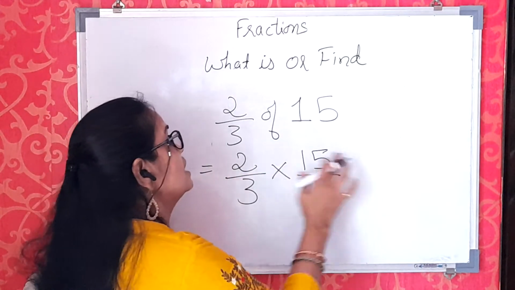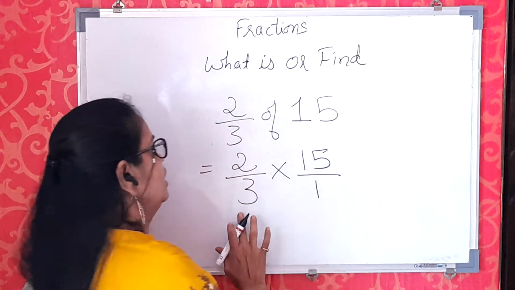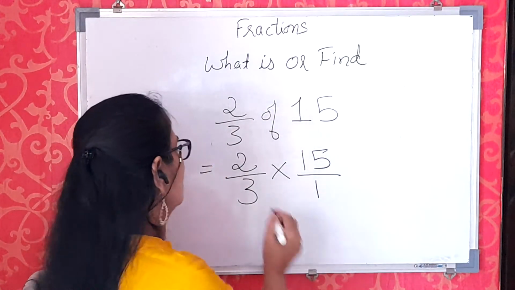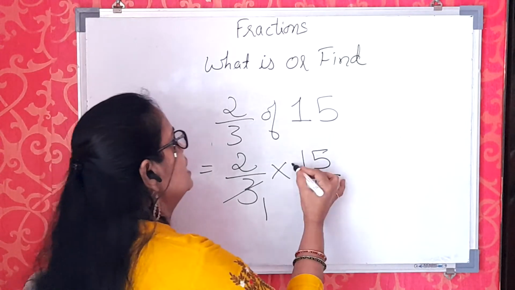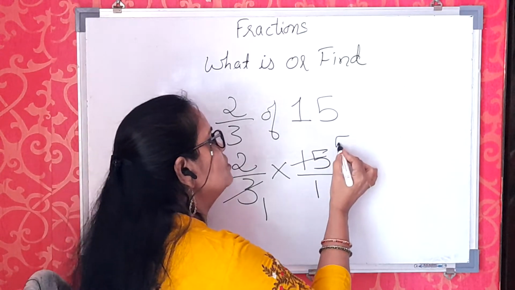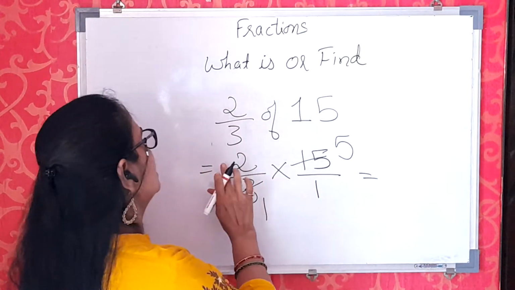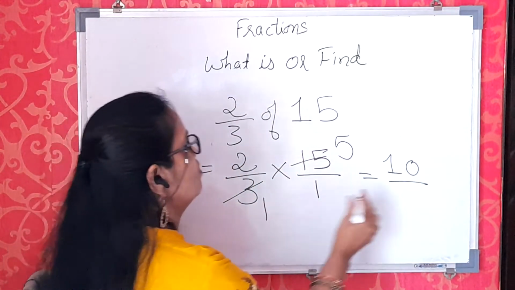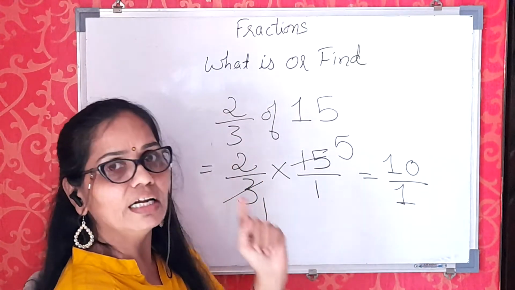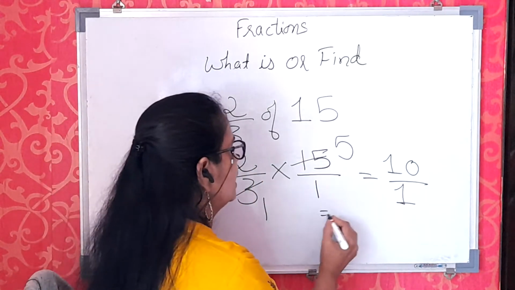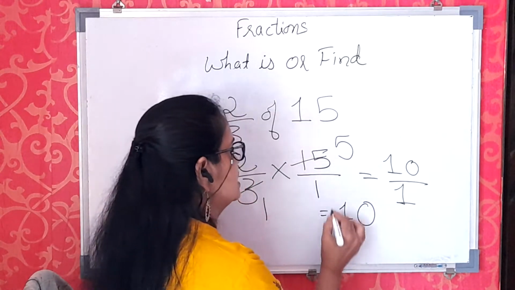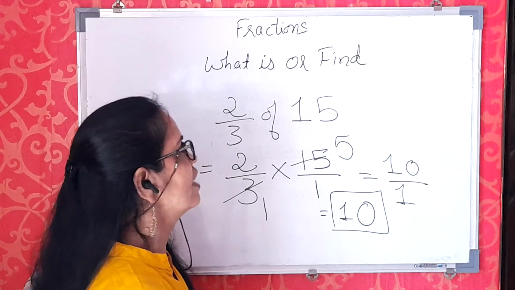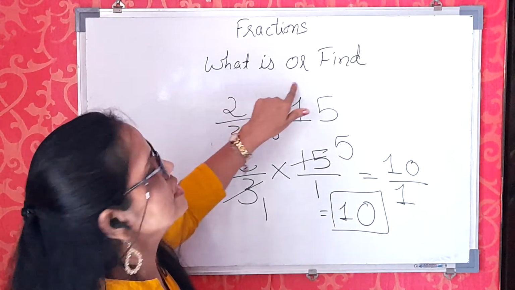You cannot cancel numerator to numerator and denominator to denominator. Only up and down, numerator and denominator. So 3 ones are 3. 3 table when 15 comes, 5. Now in the numerator 2 fives are 10 and in the denominator 1 ones are 1. When there is 1 as a denominator, your numerator answer will be 10, which is a whole number. So this is your final answer. This way you are solving 'what is' or 'find'.